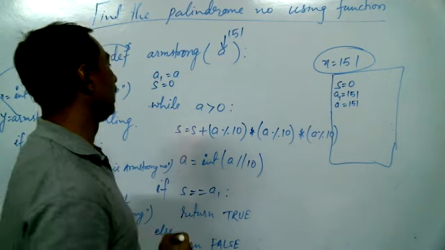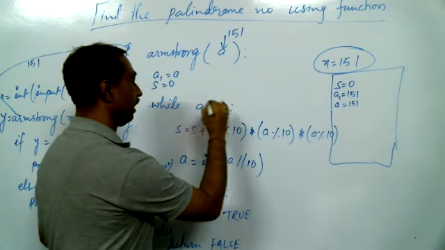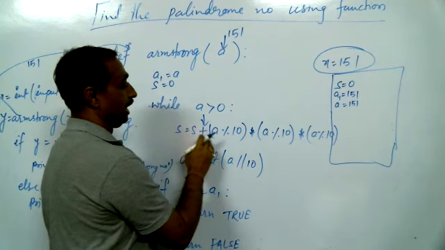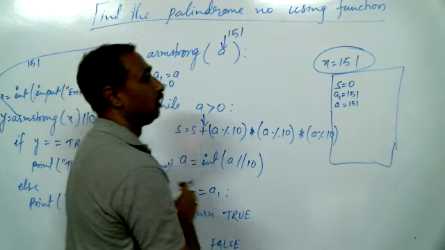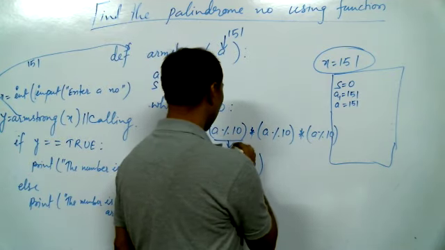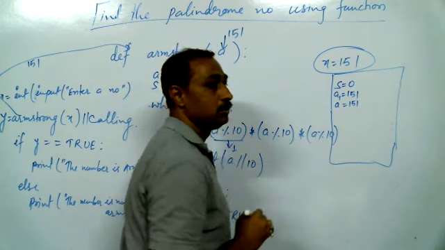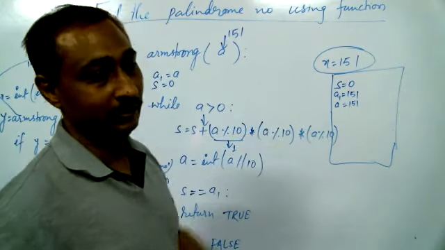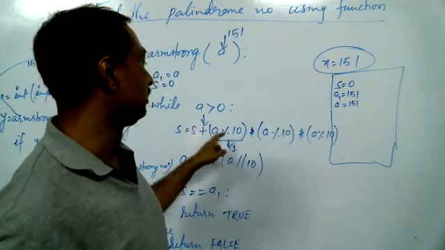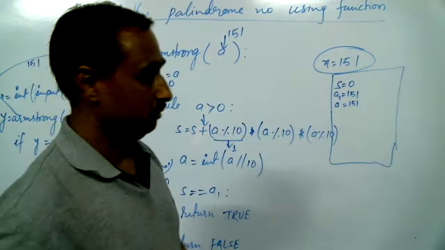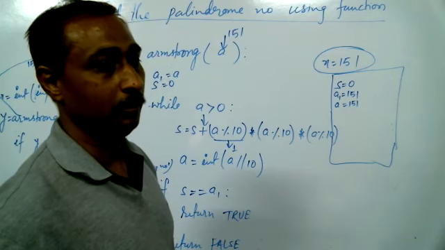So we will start from the while loop and come to this statement, s equal to 0 plus a percentage 10. In this case a percentage 10 will give you 1, because 1 is the remainder when you divide 151 by 10, and percentage returns the remainder of the division operation.